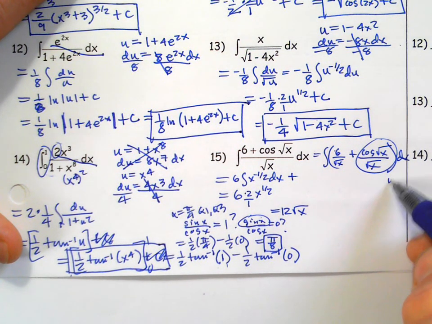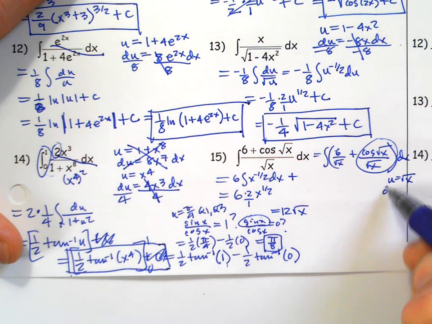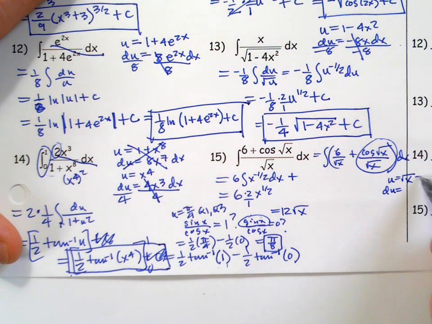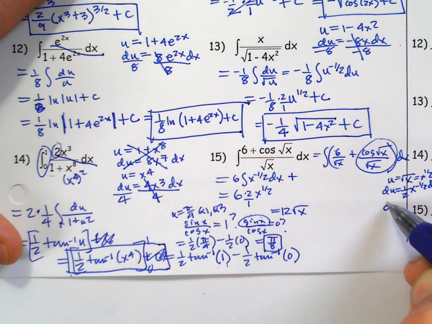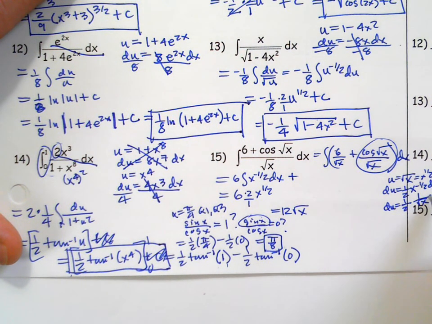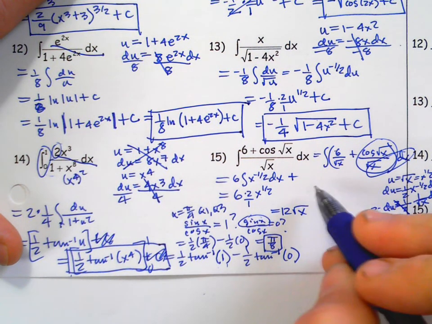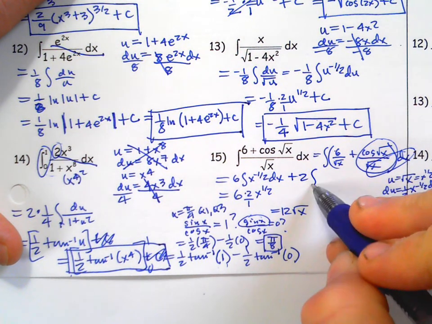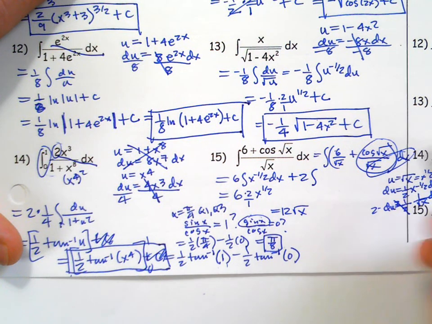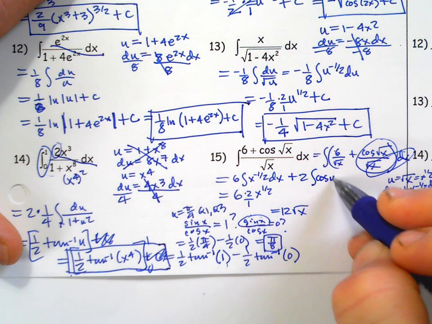U equals square root of x, du equals, so that's the same as x to the 1/2, 1/2 x to the negative 1/2 dx, which is the same thing as 1/2 times 1 over the square root of x dx, which works perfect for that. You don't want the 1/2. So this is going to be 2 integral of cosine u du.